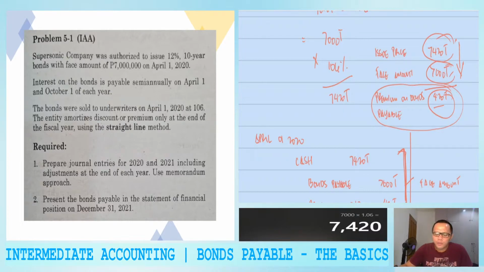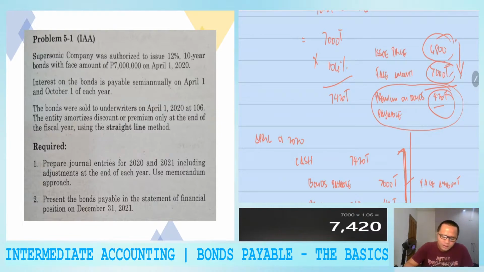So example lang, if you have a face amount of 7 million, the issue price can be 6,800,000.